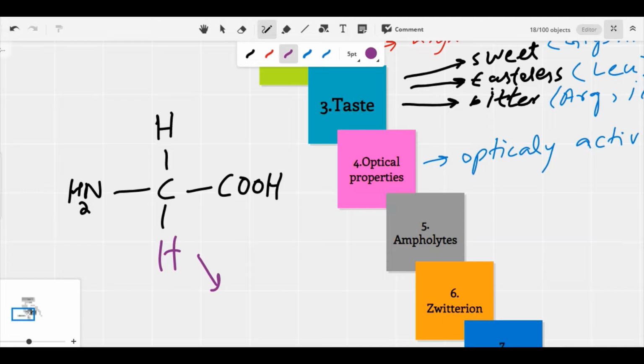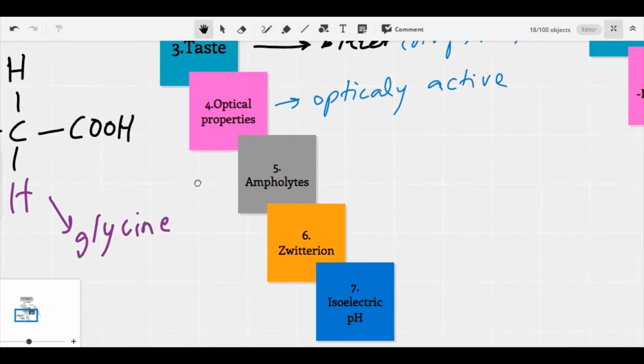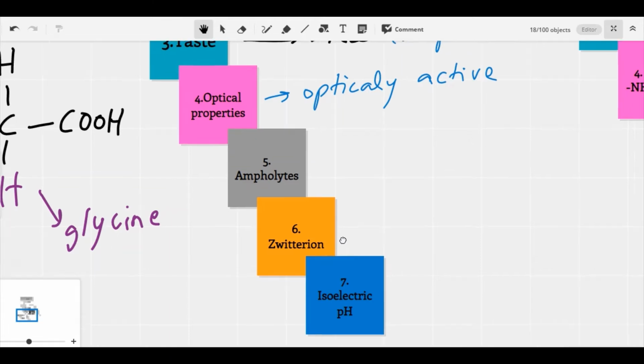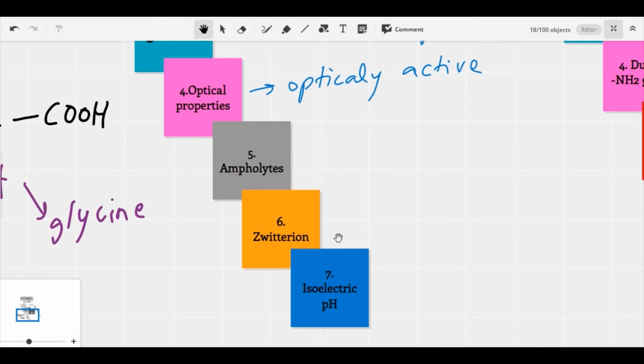So glycine is not optically active, while all the other amino acids are optically active. That's why they are present as D isomers and L isomers.